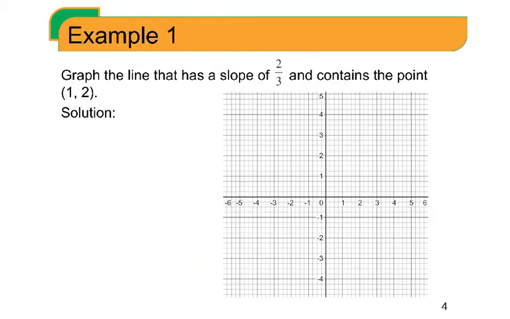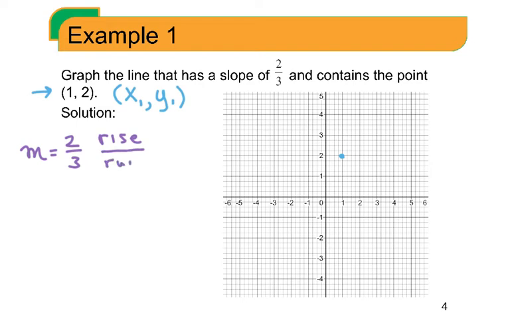So first thing we're going to do in example 1 is graph this line. We know that this is a point. Remember, x comes first. We'll call it (x1, y1). So where would that be? x equals 1 and y equals 2. There is my point. Now, from what we know about slope, remember this is the rise over the run.